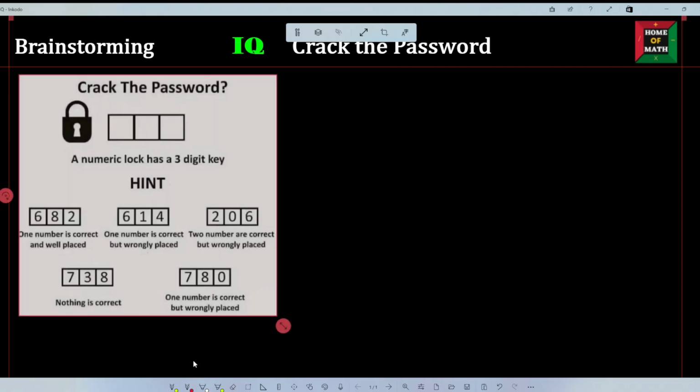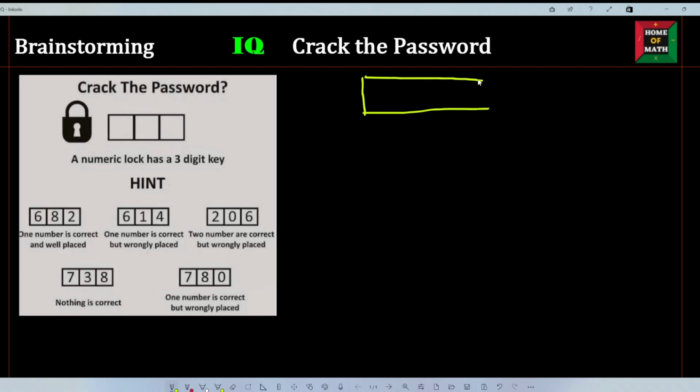So first we make a box like this where we will put the correct number, till we don't know which number is correct. Now look, here is 1 2 3 4 5 6 7 8 9 and 0.